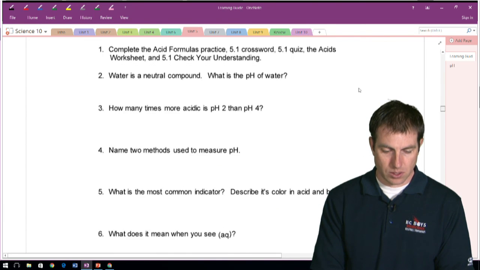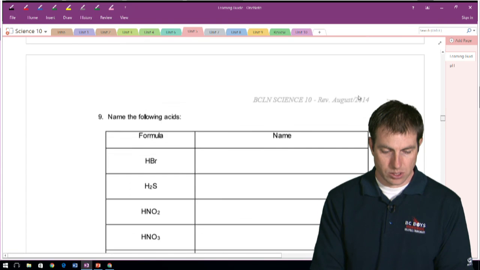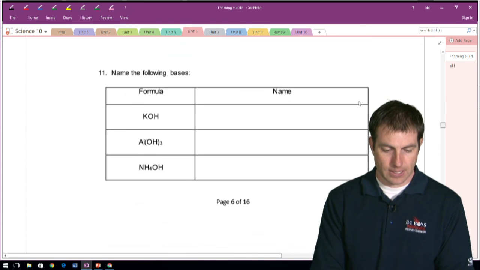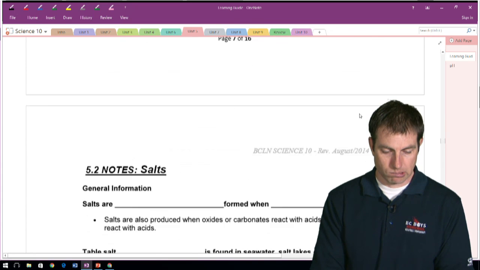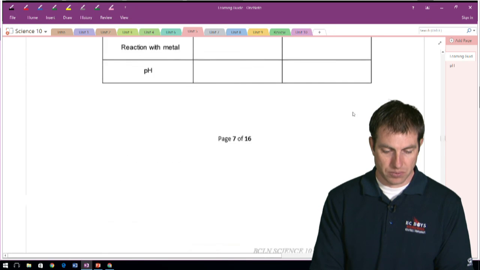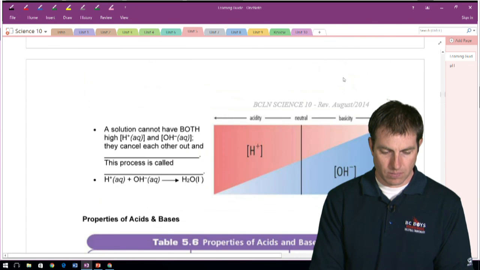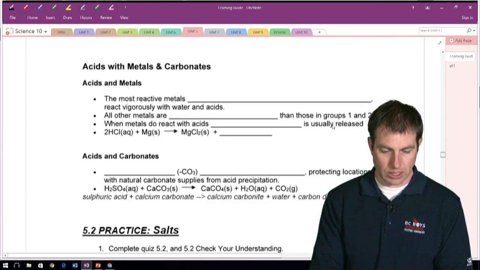And just some basic questions on acids and bases. So there are 9 questions. Naming acids might be a little tricky. We'll spend some time on that. And then naming bases. All right, so you have about 15 questions on acids and bases. And then we have salts and organics.